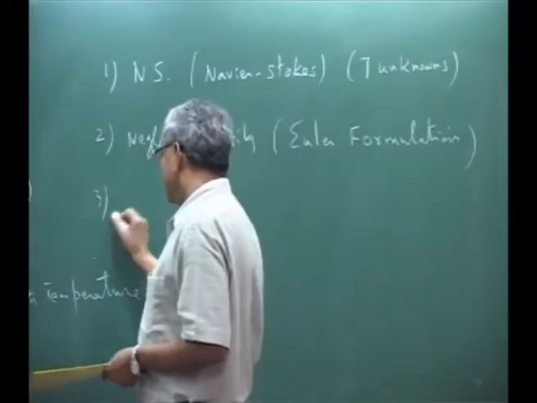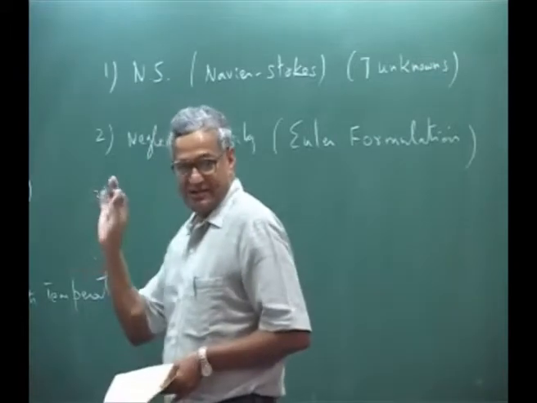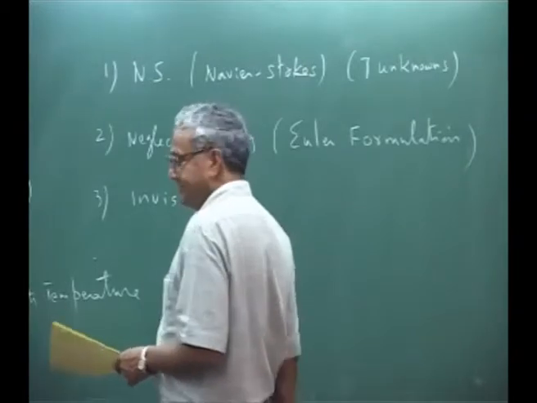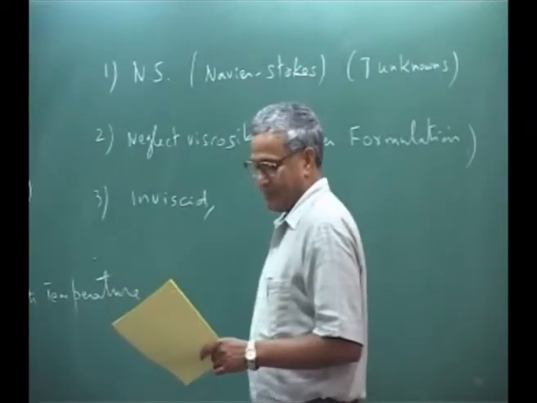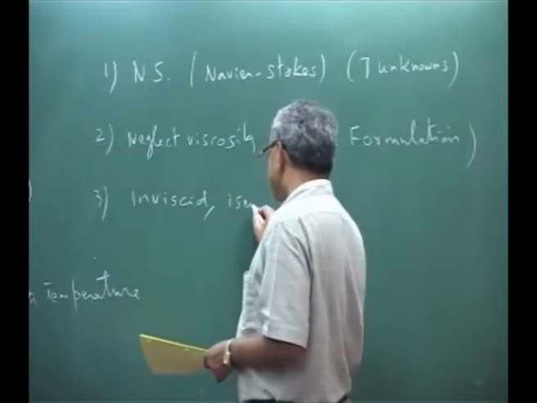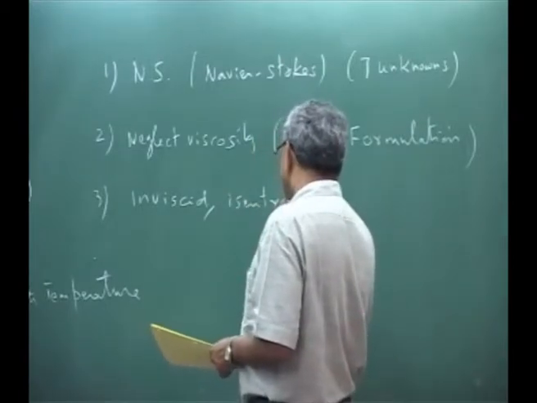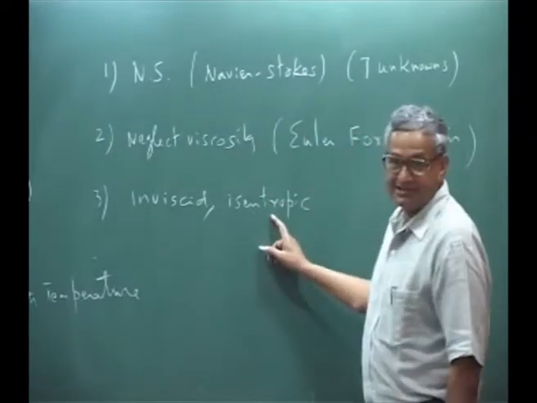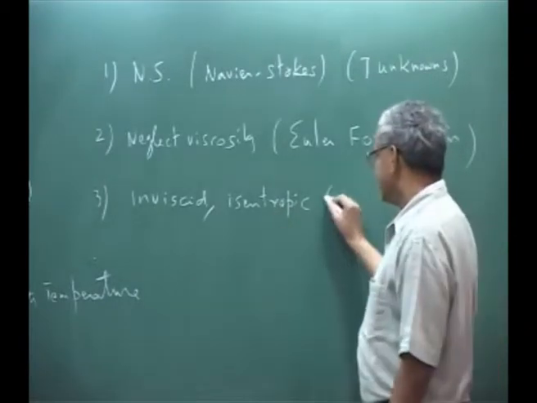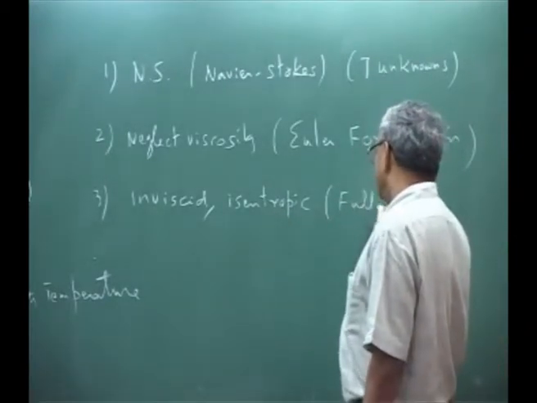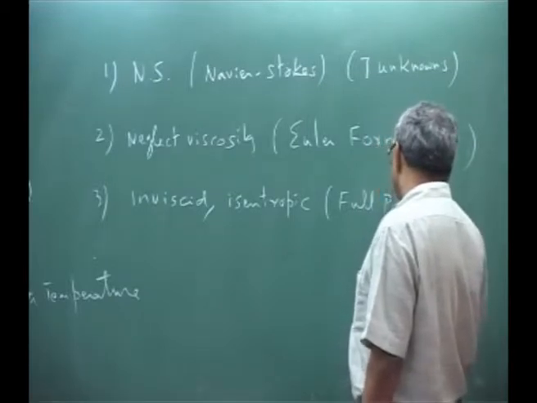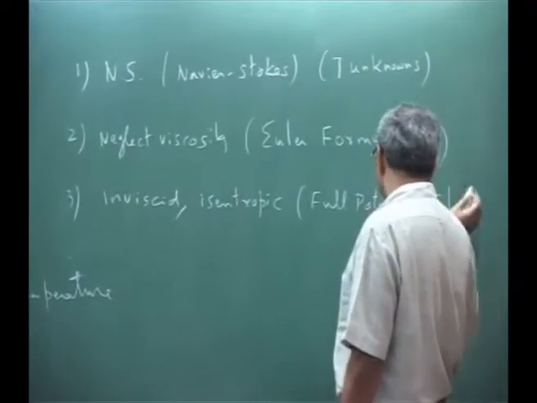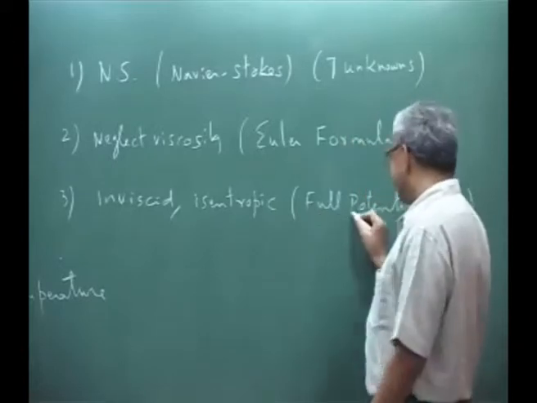You make this no viscosity, that is inviscid, and isentropic. You make these assumptions, then you will get the full potential equation or potential flow. You may call it potential flow.